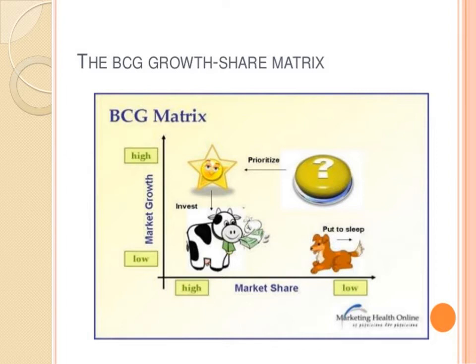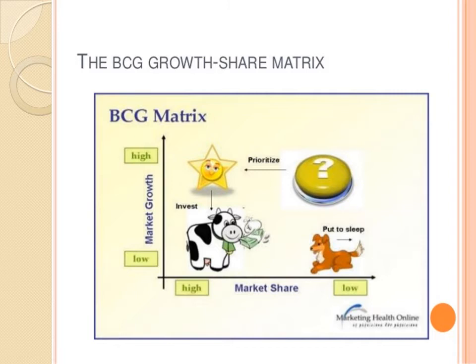Now the BCG growth share matrix has four categories: question mark, star, cash cow, and dog. The x-axis measures relative market share and the y-axis measures industry growth rate, so one is market growth and the other is market share.